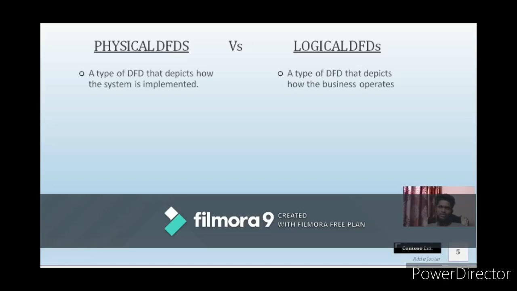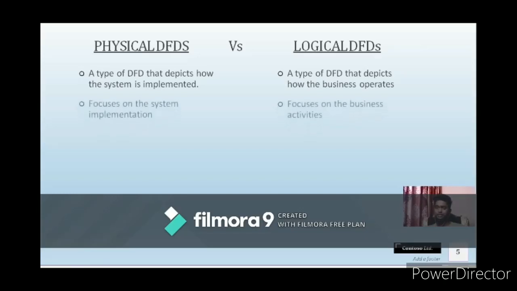It consists of the details of how the system is implemented in the total process. When it comes to logical DFD, it is a type of data flow diagram that depicts how the business operates. Logical DFD gives the total picture of how the business operates.